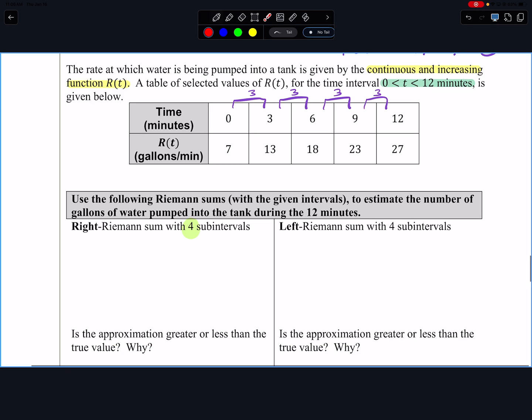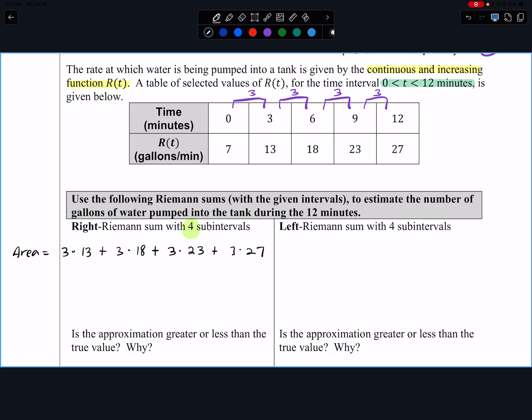So the area is going to equal, what is the width of all these? 3. So the first one, if we're talking about this interval, is going to be 3 times, which one is the right value? 13. So 3 times 13 plus 3 times 18 plus 3 times 23 plus 3 times 27.